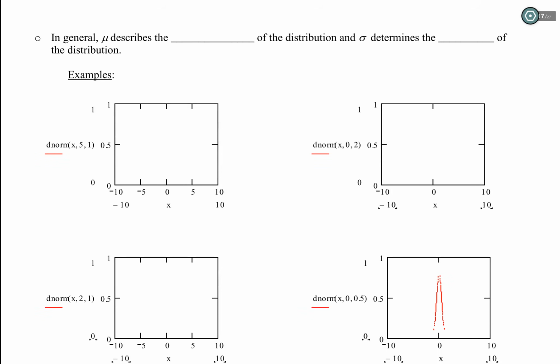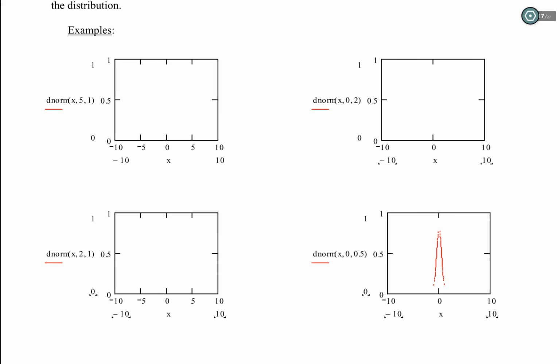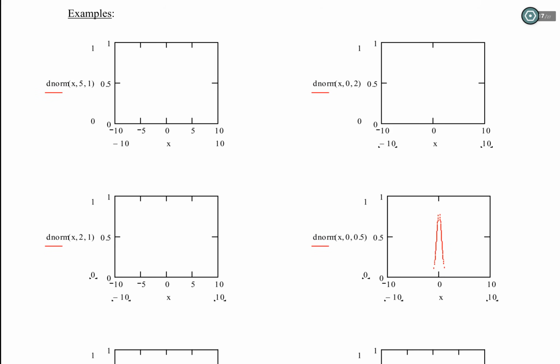A couple of things: mu in this PDF describes the location, and sigma determines the shape of the distribution. And so here's some pictures that didn't show up like I thought they would have.